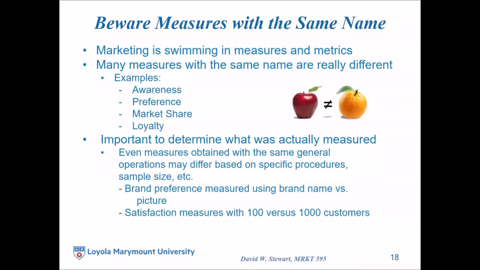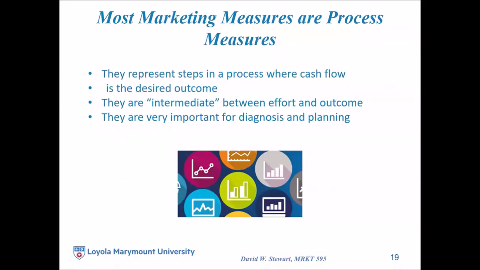I'm not sure I want to count on that as a measure of satisfaction. On the other hand, the measures that are widely used are based on tens of thousands of customers, so that for any one brand, I have several hundred customers, and I have a really robust, reliable measure of satisfaction. So you want to ask what you're buying, what you're obtaining, what the measure was really giving you.